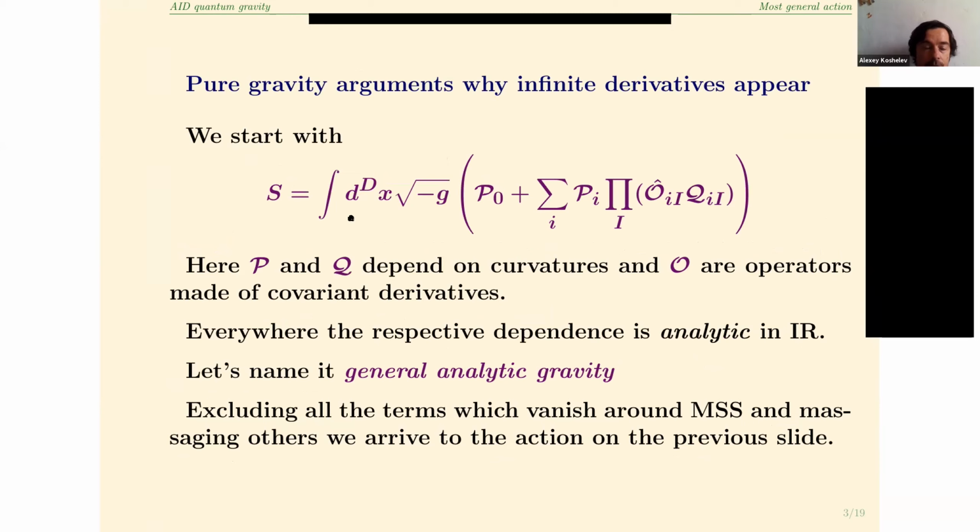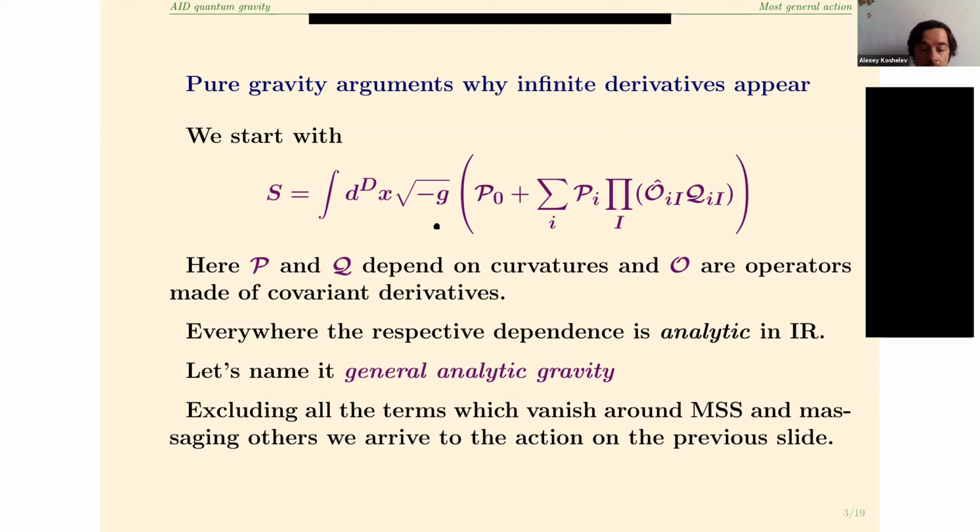Let me now say why we can arrive at this action from a totally generic perspective. The idea is that we can consider a generic action for gravity, which contains generic constructions on curvature and generic operators constructed on covariant derivatives in somewhat indeterminate products and sums.